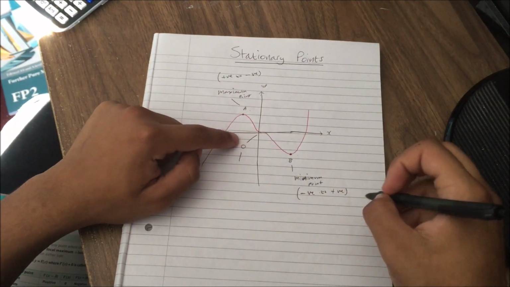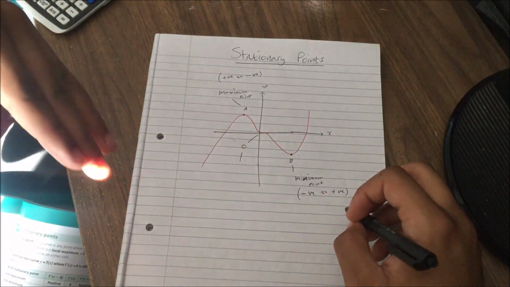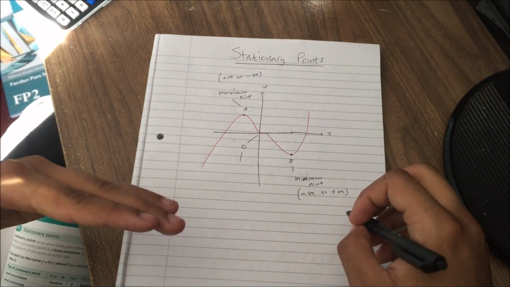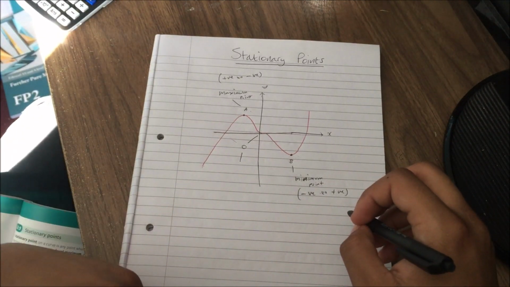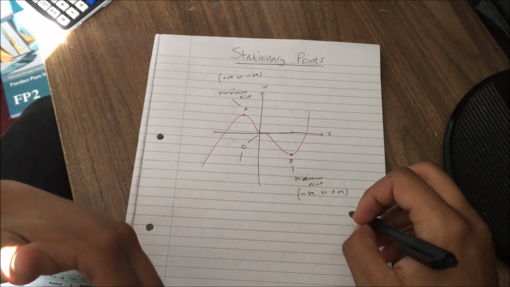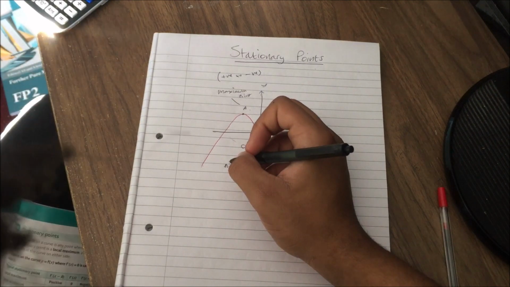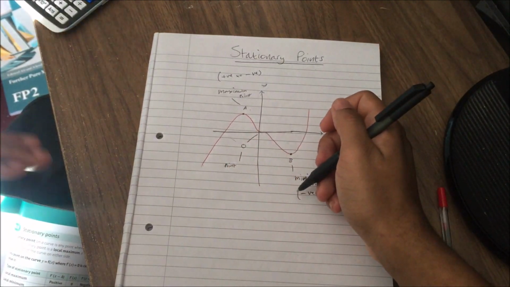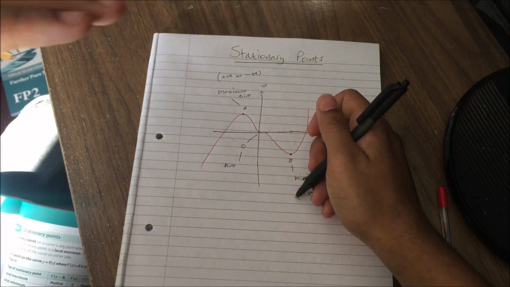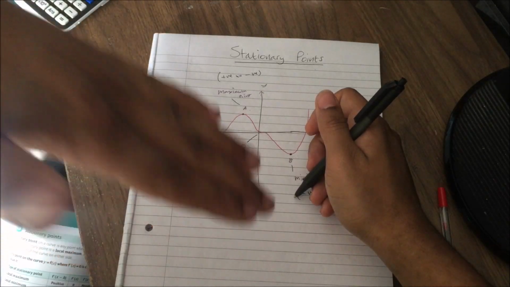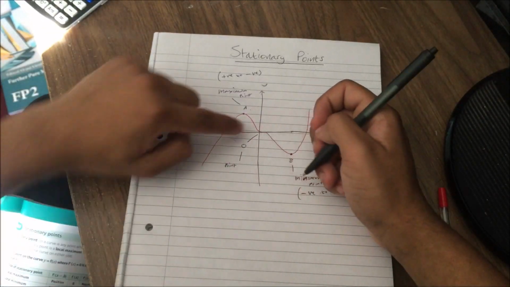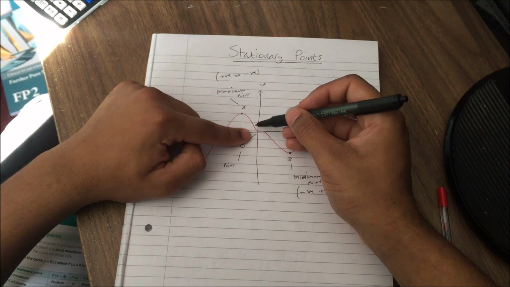And at the point O, there's a thing that is kind of trying to be a maximum, but then slowly curves off like a minimum. This is called a point of inflection, where the graph curves and the gradient stays the same. In this case, this is a negative point of inflection.